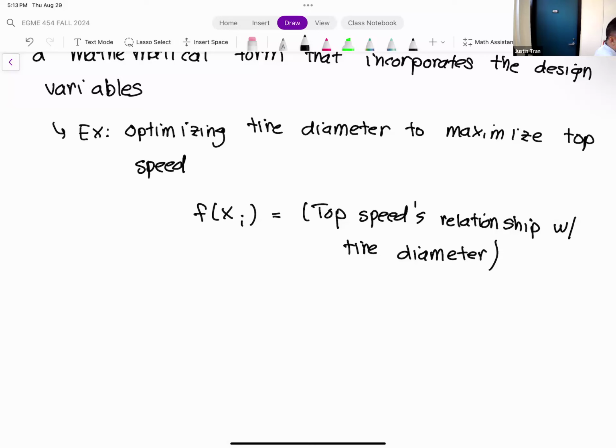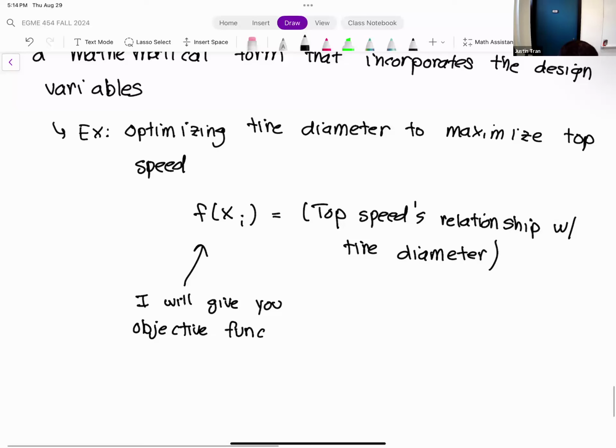So for the purposes of this class, for the most part, we're going to be focusing more on the algorithms, how to find the optimal values. So for this class, I'm going to be giving you the objective function for the most part. But just know that the act of finding an appropriate objective function for a given engineering system is challenging, and it's not trivial at all.